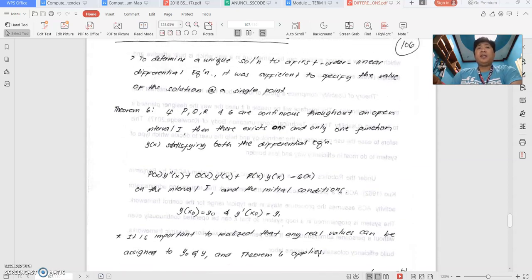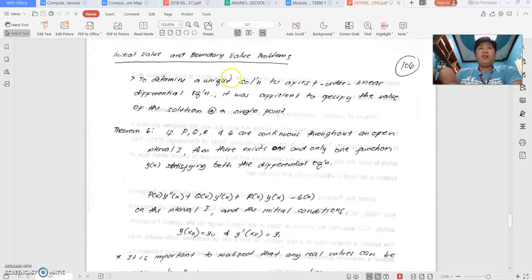Boundary means you have an enclosed part, where it starts and where it ends. To determine the unique solution to a first order linear differential equation, it was sufficient to specify the value of the solution at a single point.